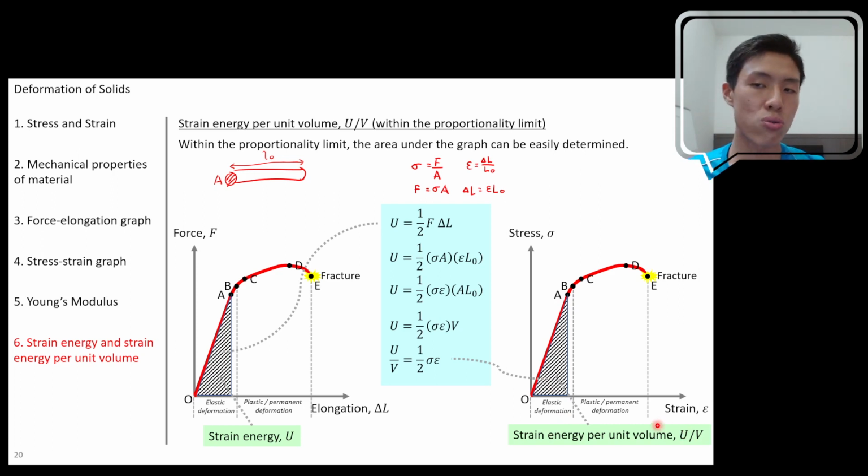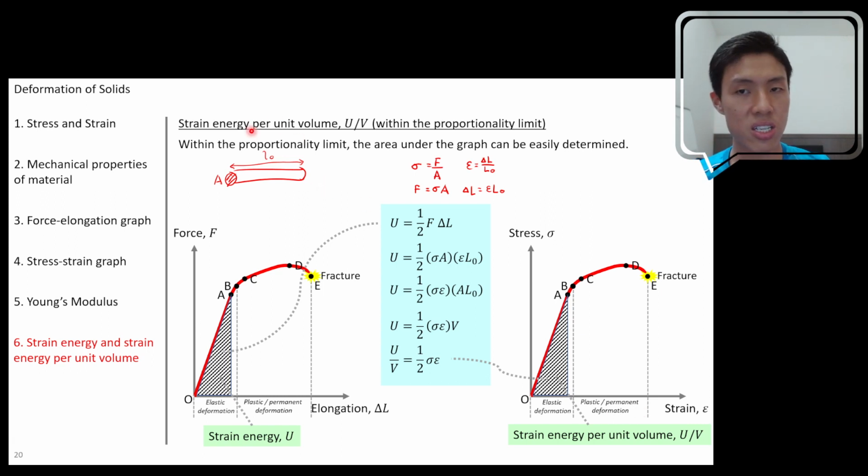Okay, so conclusion: if you have a force elongation graph, and you discuss anything within the proportionality limit, the area here represents strain energy. Whereas for a stress strain graph, within the proportionality limit, the area under the stress strain curve is a right angle triangle and represents the strain energy per unit volume.